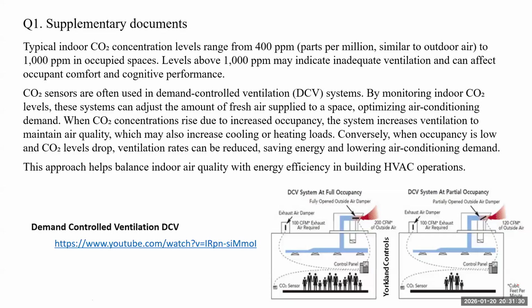By monitoring the indoor carbon dioxide concentration levels, the demand controlled ventilation system can adjust the amount of fresh air supplied to the space and optimize air conditioning demand.